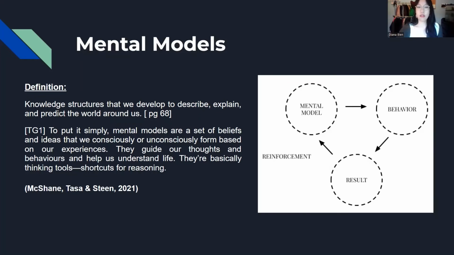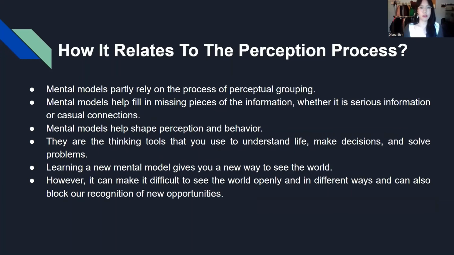All right, so the next thing I want to talk about is how it relates to the perception process. And this will tie everything together from what Abigail has said to what Alex has said and to what Troy has said. Mental models partly rely on the process of perceptual grouping.